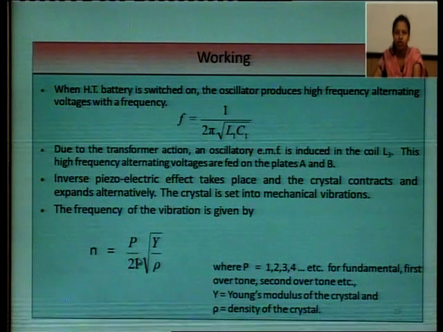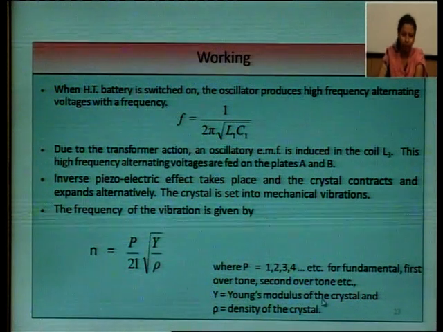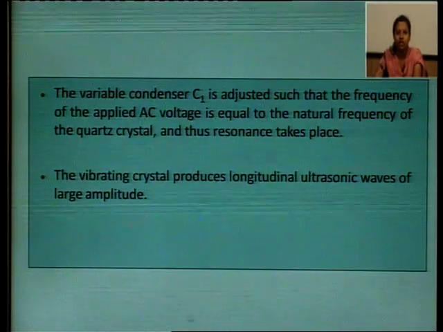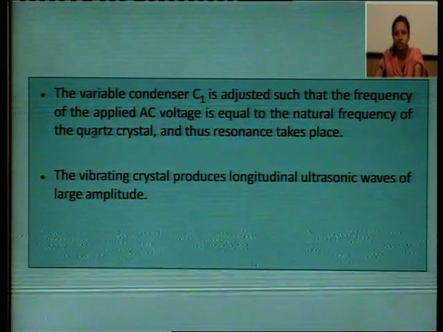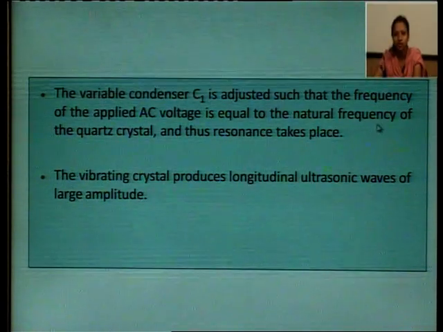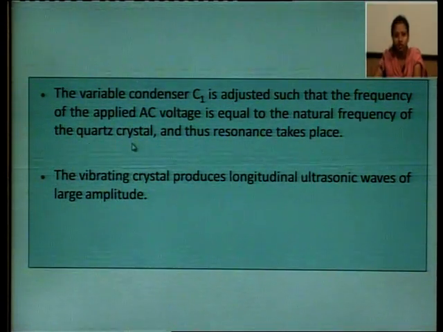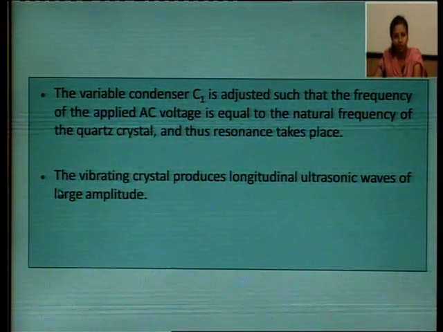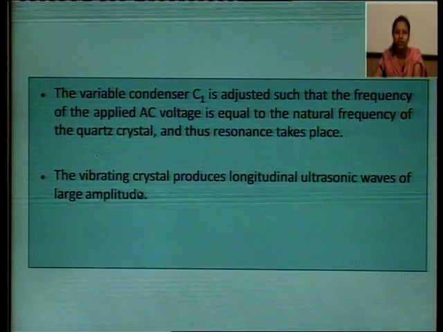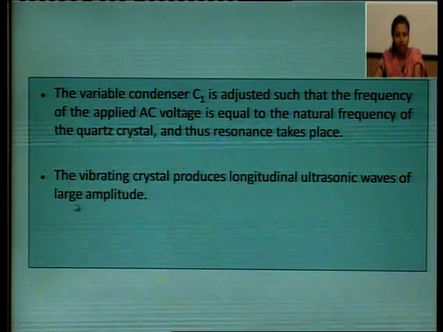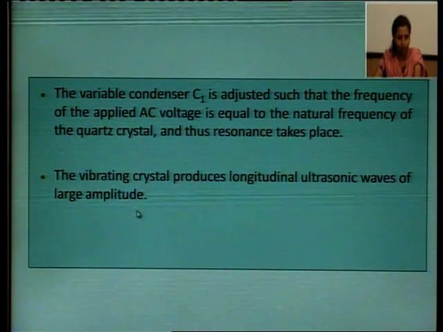The variable condenser C1 is adjusted such that the frequency of the applied AC voltage is equal to the natural frequency of the quartz crystal, and thus resonance takes place. The vibrating crystal produces longitudinal ultrasonic waves of large amplitude.